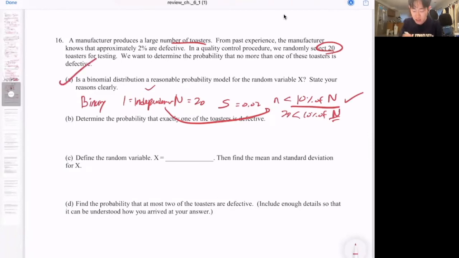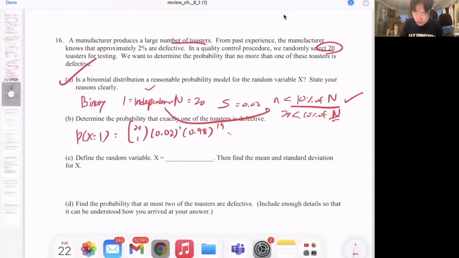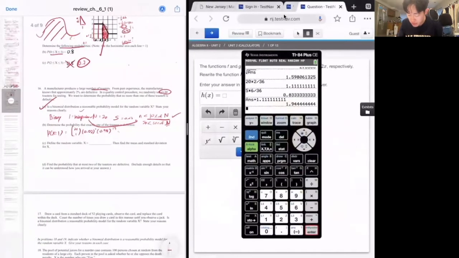Find the probability that exactly one of the toasters is defective, which means we are really doing the formula 20 choose 1, 0.02 to the 1 power, 0.98 to the 19th power if you use the formula. Or we can be smart about this and just use binomial PDF.